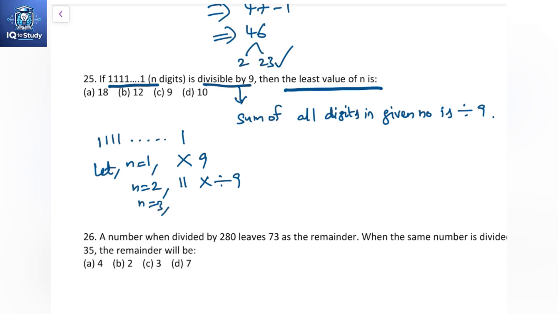Then it is 111, that is 1 plus 1 plus 1, which equals 3, not divisible by 9.